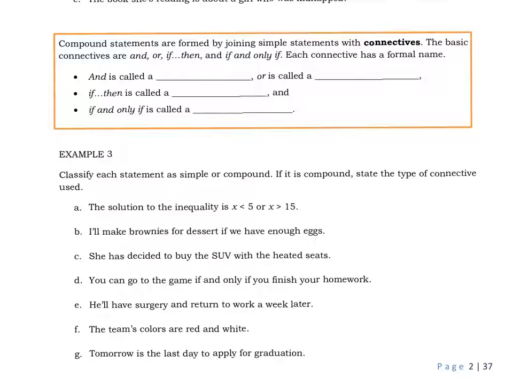Every connective has a formal name. Whenever you see the word and, that formal name is called a conjunction. The formal name for or is known as a disjunction.